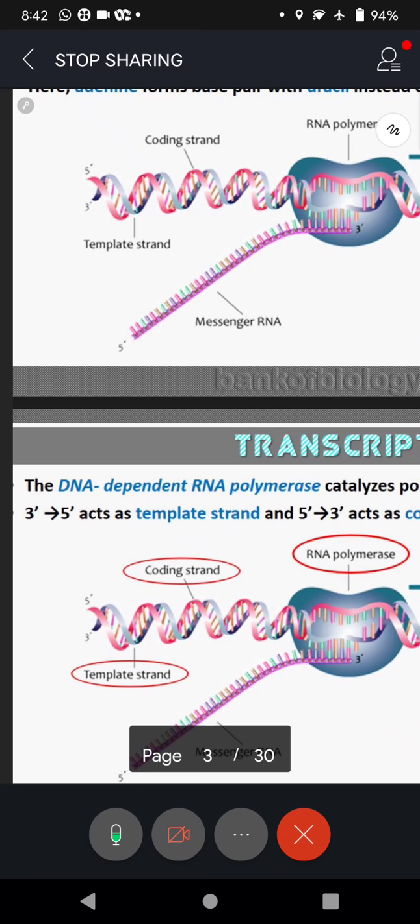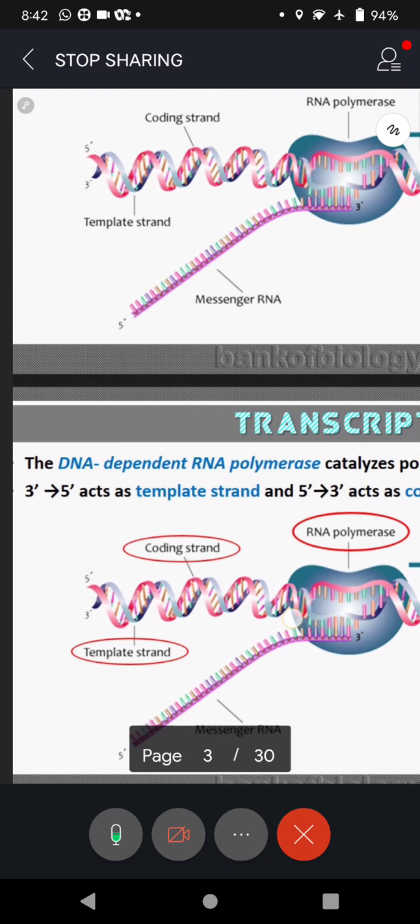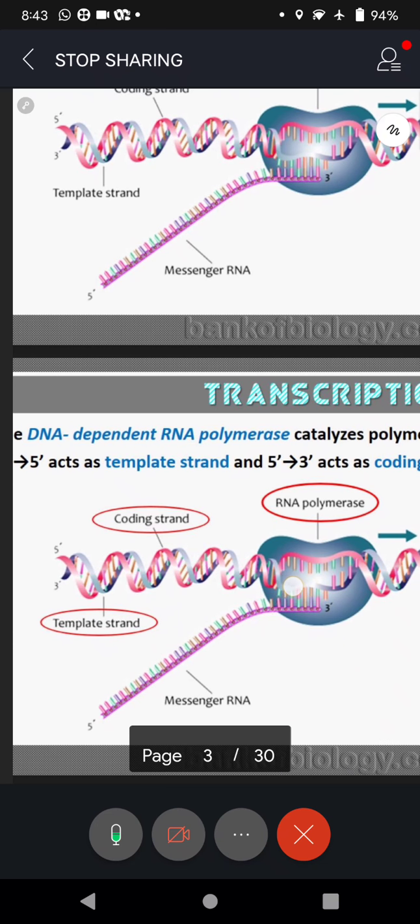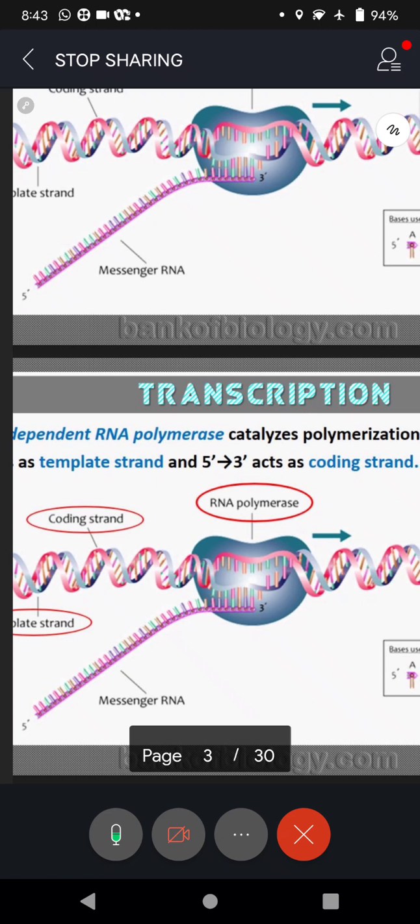Here you can see there is a DNA-dependent RNA polymerase. This is an enzyme. So it is basically DNA dependent, but what is it doing? It is synthesizing the RNA. Polymerase means many units of monomers. So here the monomer will be a nucleotide.